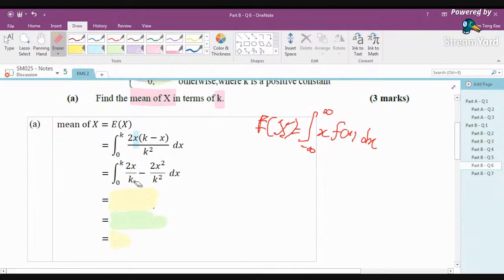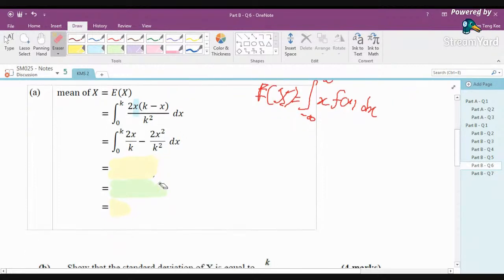Again, don't forget your k is a constant. The other one, if I expand, I have minus 2x squared over k squared. When I integrate, I find that 2x over k becomes x squared over k, and 2x squared over k squared becomes 2x cubed over 3k squared, from 0 to k.